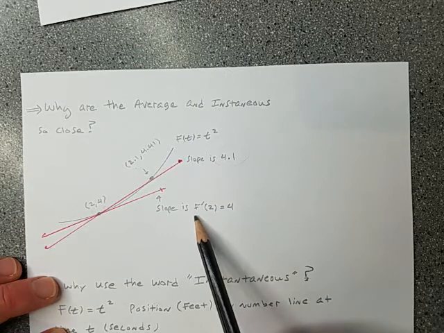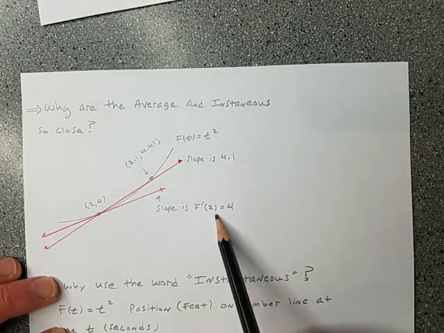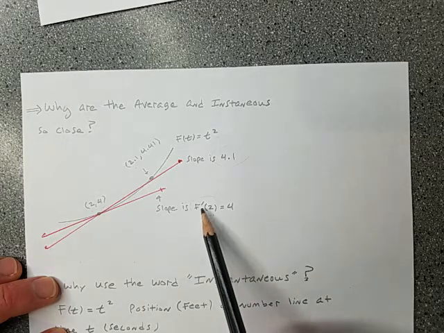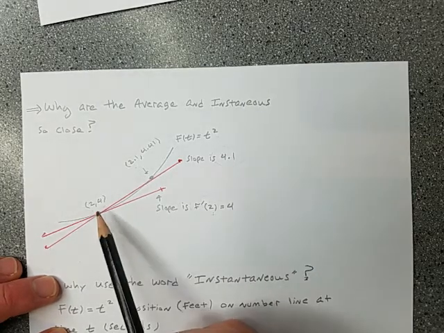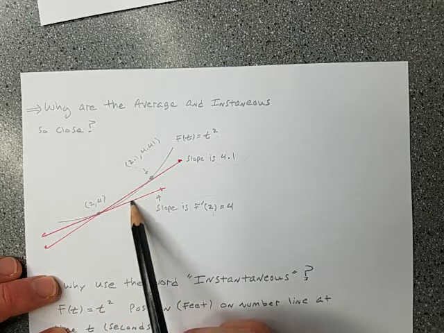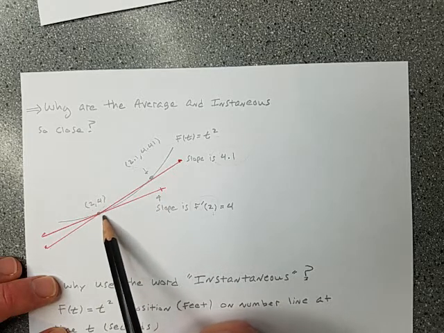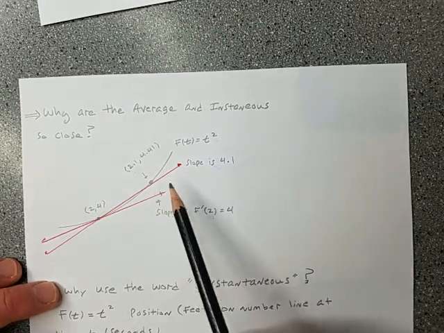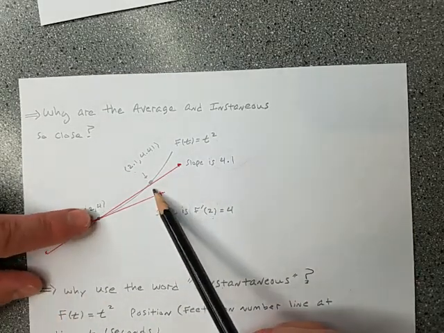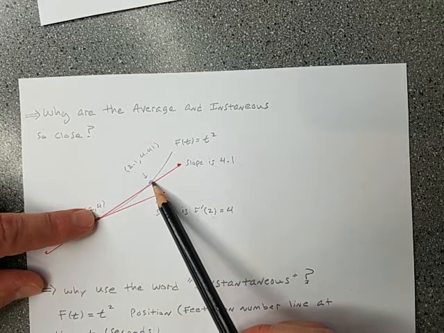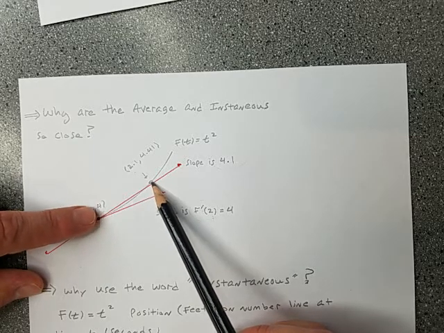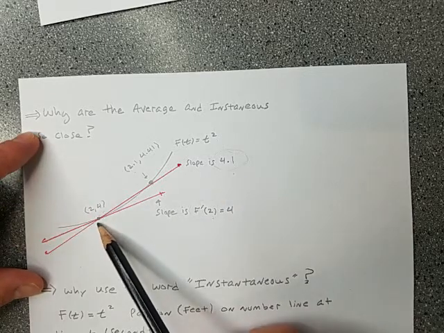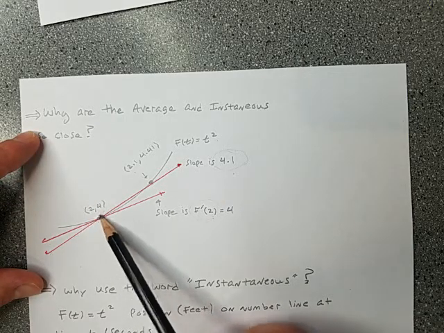But what is the derivative? The derivative is the slope of the curve. We found f prime, the derivative at 2, is 4. That means that right here, this tangent line, or that little piece of the curve right there, has a slope of 4. Well, just look at the geometry of it. If these 2 points aren't very far apart, then the slope of the secant line through those points can't be too much different than the slope of the curve at this point.